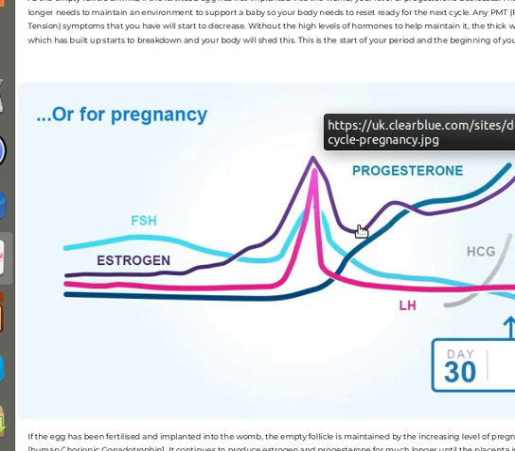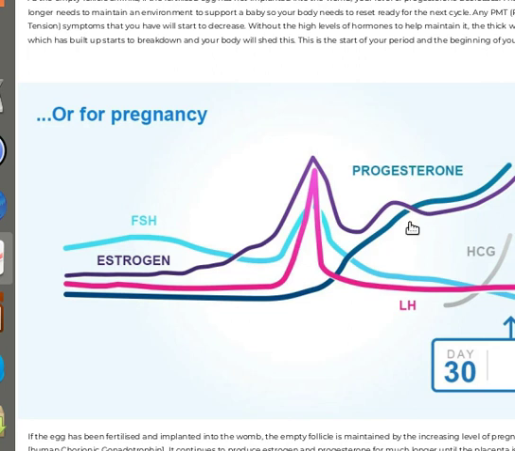Let's say we are pregnant. Which 2 hormones are not going to drop after they had their lovely peak? Yes, estrogen and progesterone. Why do they not drop? Yes, because we're not having another menstruation again. We want that lovely house that we built in the uterus.